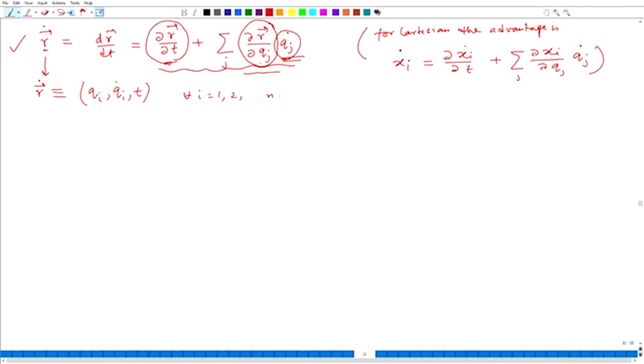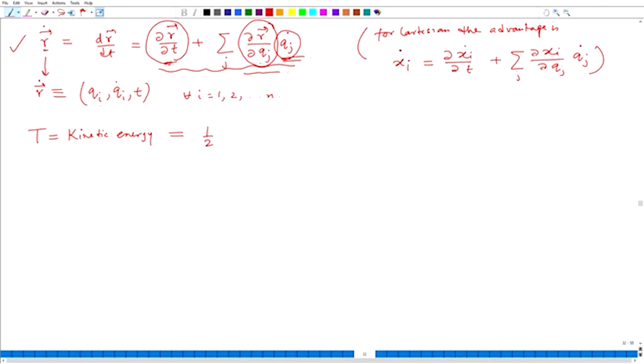Now, if I know that, I would be interested to calculate two things. The first one is the kinetic energy, which I denote by the symbol T, because for our incoming formulation it will be super important.